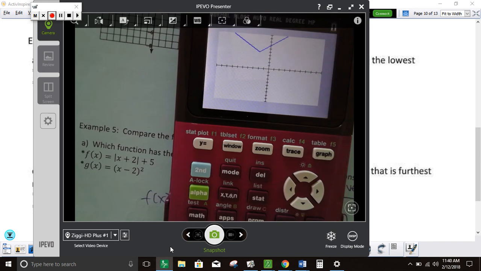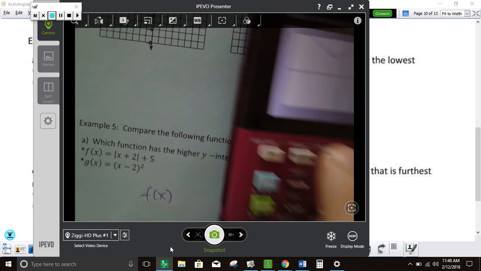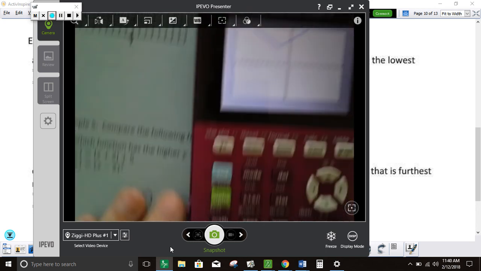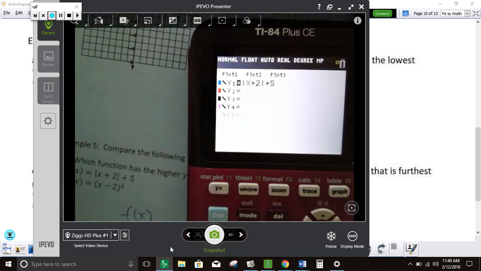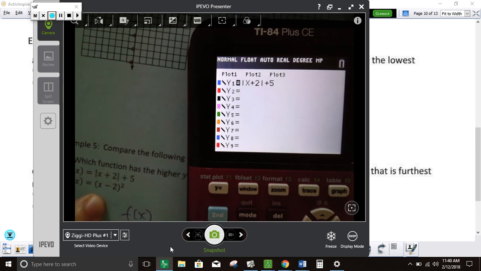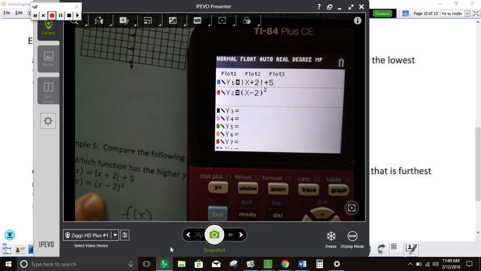Which graph has the highest y-intercept? So let's go back into the y equals and graph both of our functions in the same graph. And then I'm going to make a little note for you.